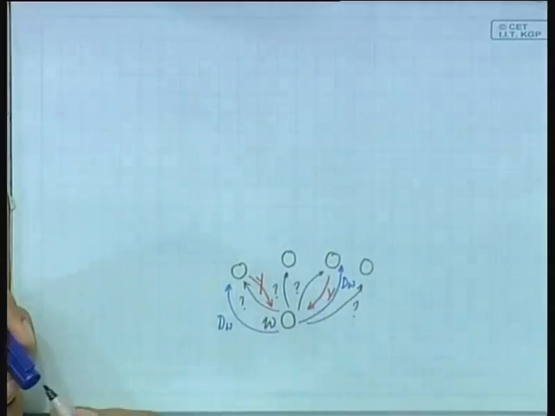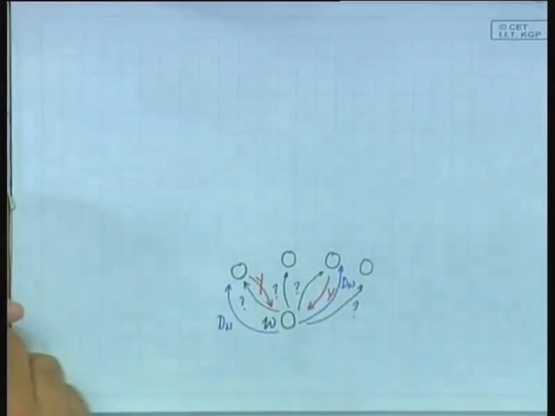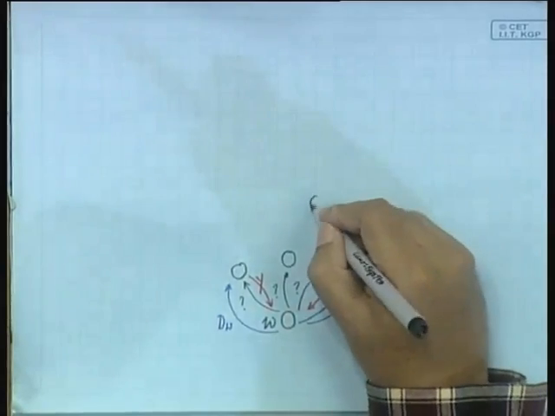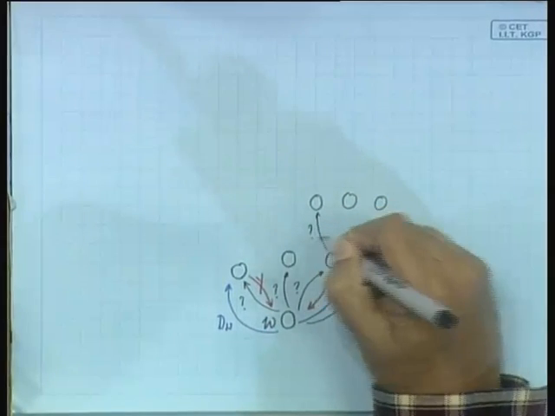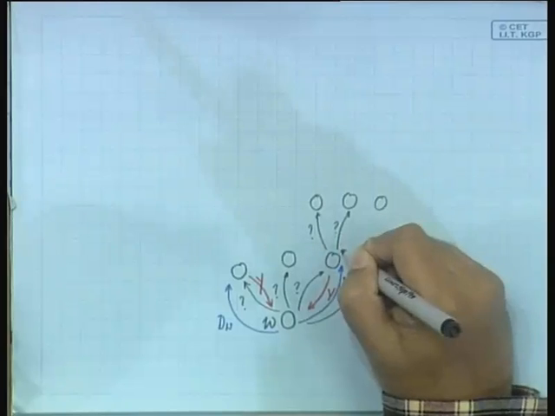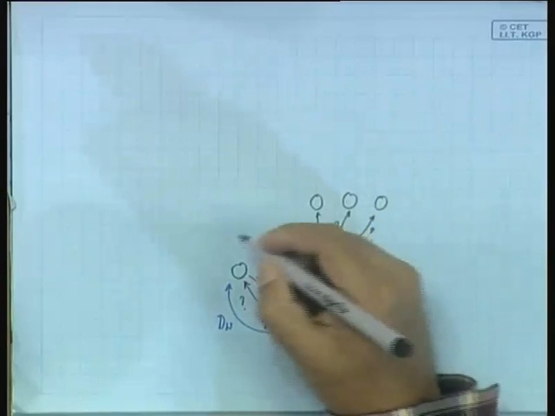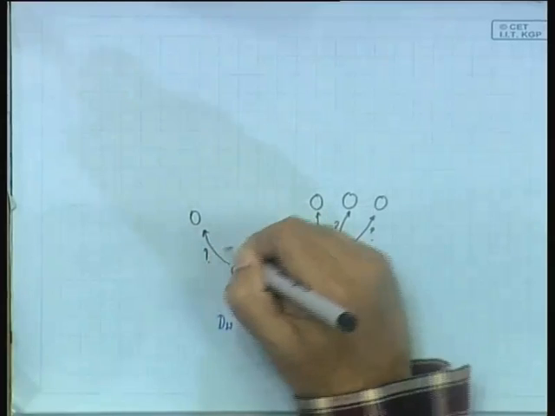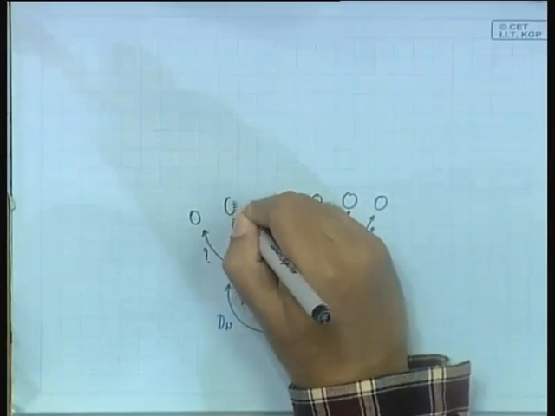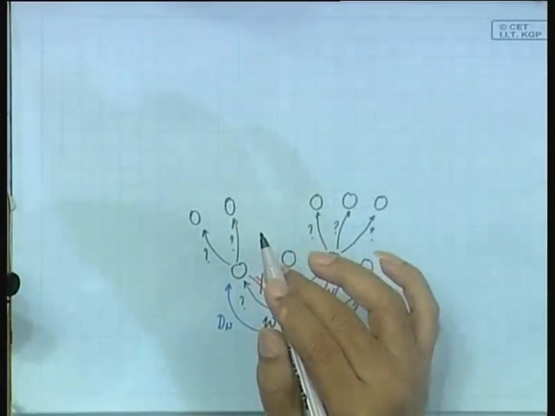Now, what do these two nodes do? They in turn look at their neighbors and ask them, are you my parent on the path to W? So they ask all their neighbors, only their neighbors, mind you.